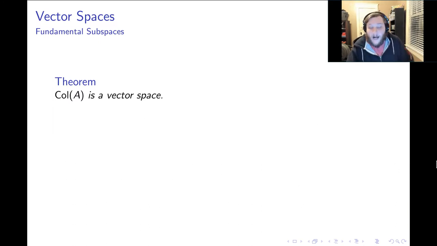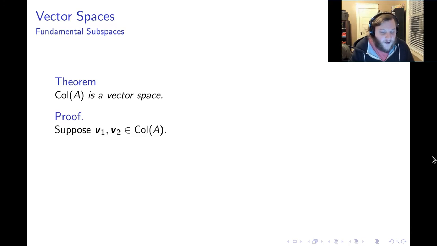What about column spaces? We also have a theorem that tells us that the column space of any matrix is a vector space. How does the argument here work? Well, let's say we start out with any two vectors in the column space of a matrix. Let's now look at a linear combination of those two vectors.